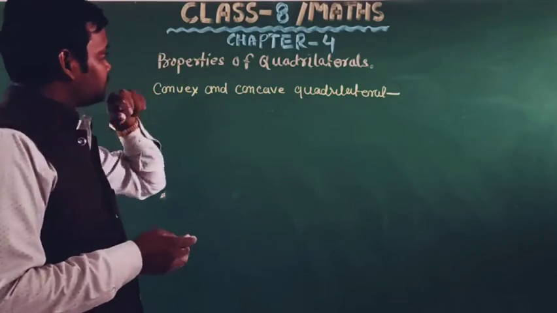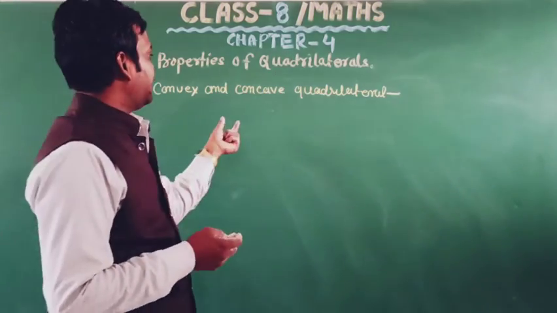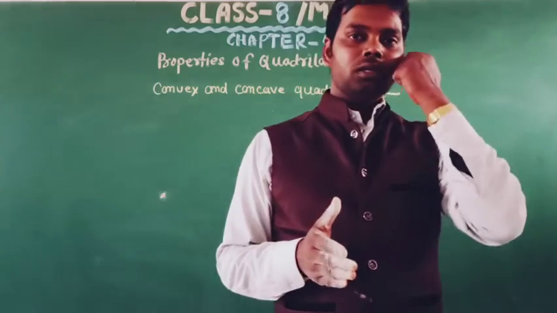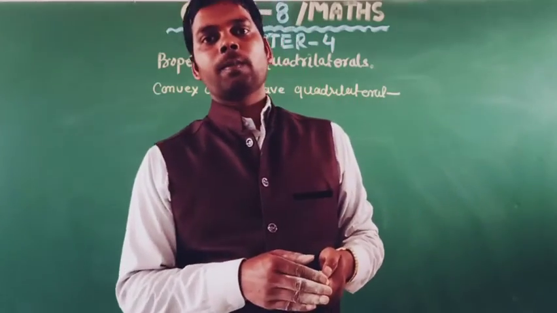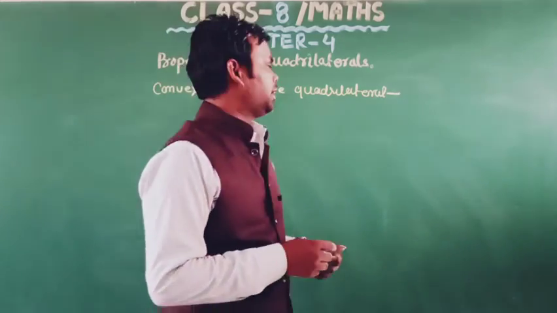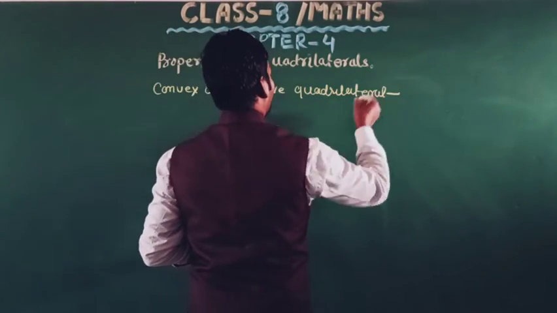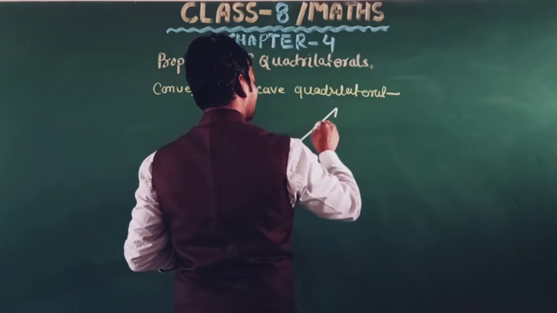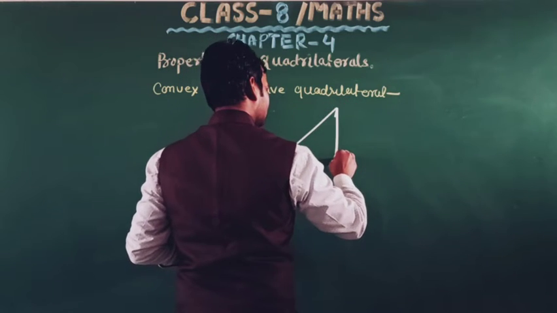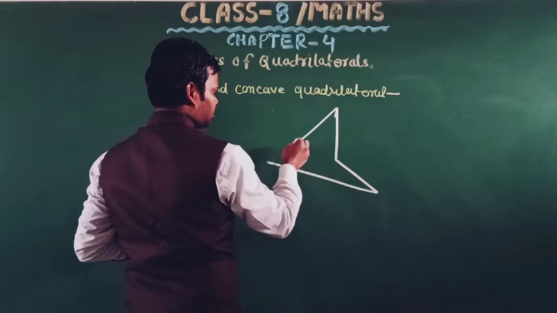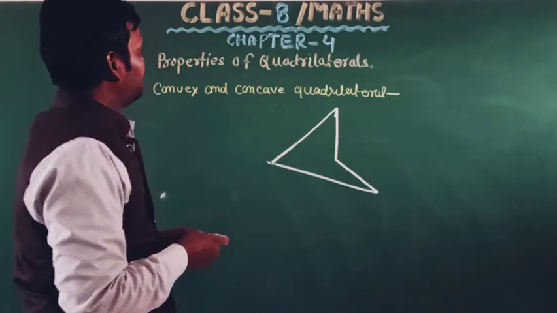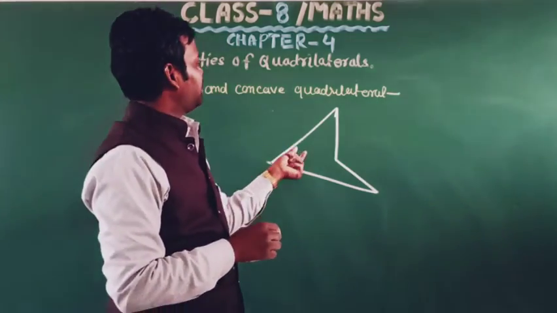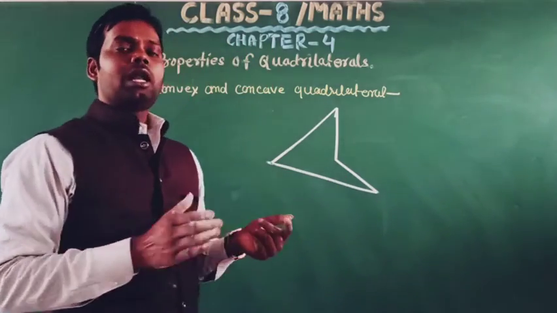A quadrilateral is said to be concave if its diagonal lies outside the quadrilateral.